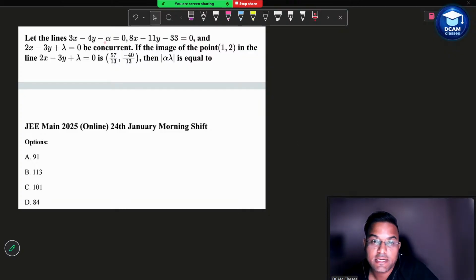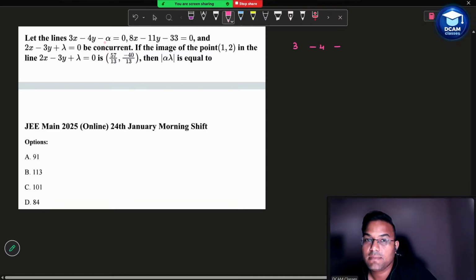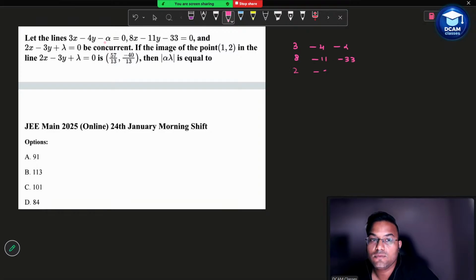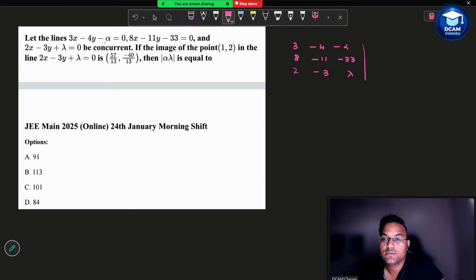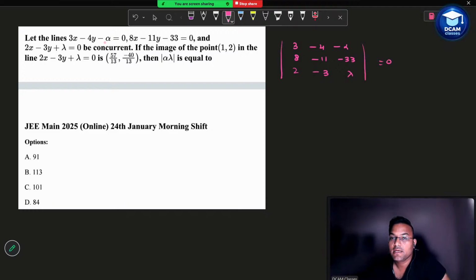When these lines are concurrent, you will have a condition: the determinant 3, minus 4, minus alpha; 8, minus 11, minus 33; 2, minus 3, lambda, will be equal to 0, correct? You'll get an equation in alpha and lambda, two variables.